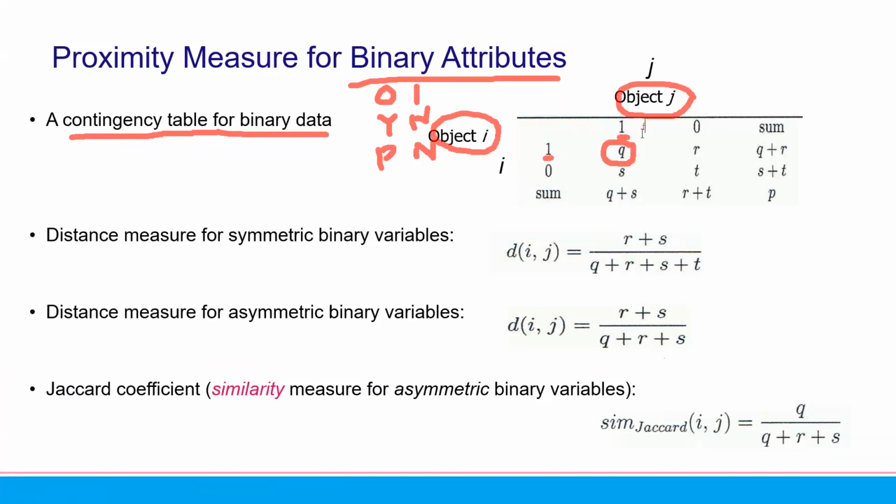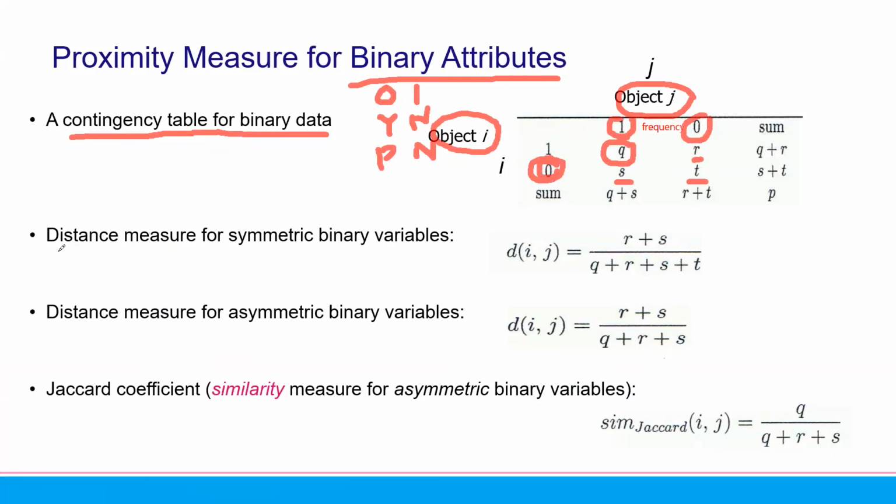Q is the frequency that object i is 1 and object j is 1. R is when object j is 0 and object i is 1. S is when object j is 1 and object i is 0. And T is when both of them are 0.